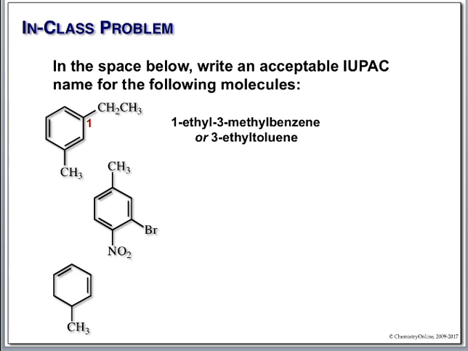Now, our alphabetical winner here is going to be bromine, but if we let that be carbon 1, and we went clockwise, nitro would be 2, 3, 4, and methyl would be 5. So that would be 1, 2, 5. If we let nitro be 1, bromine would be 2, and methyl would be 4. 4 is less than 5, therefore we're going to let the carbon bearing the nitro group be number 1.